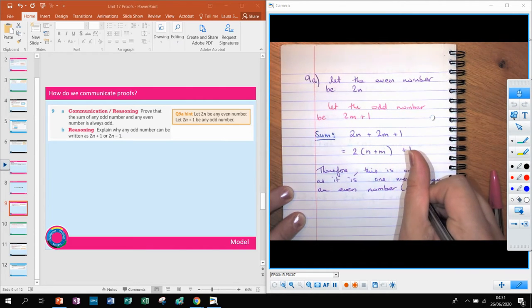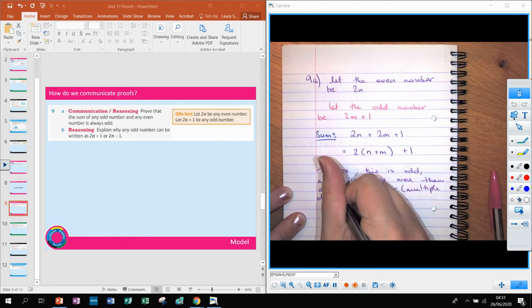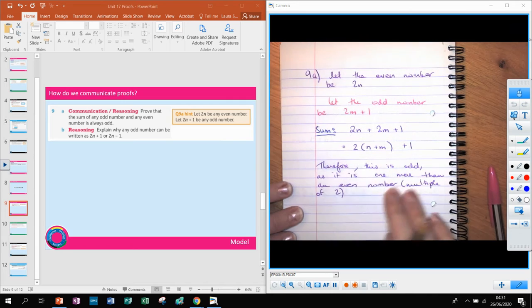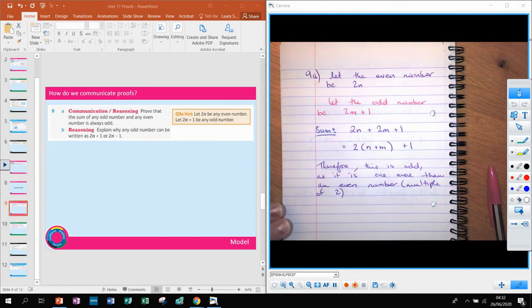Brackets, multiple of 2. Okay, so we want to be really, really clear in a proof. We want a statement as well. Okay, as long as you've got a statement, you've explained what you've done, you've shown that proof, you're good.